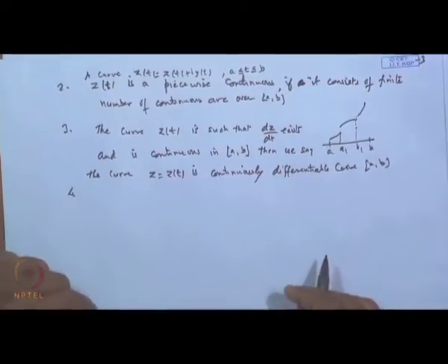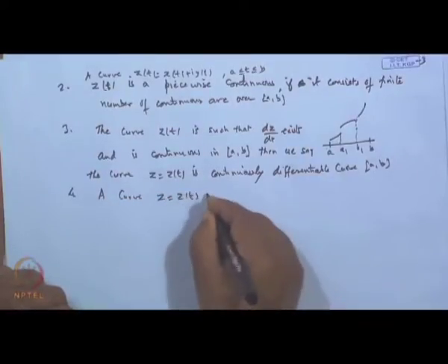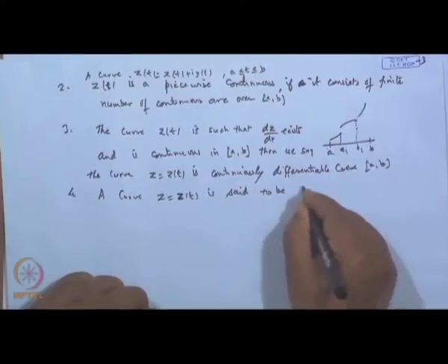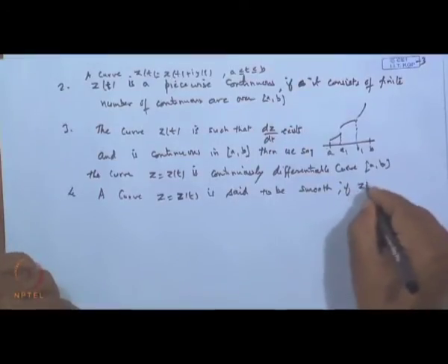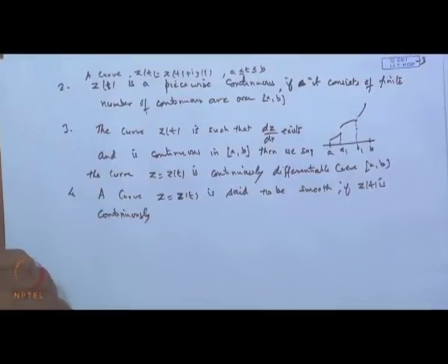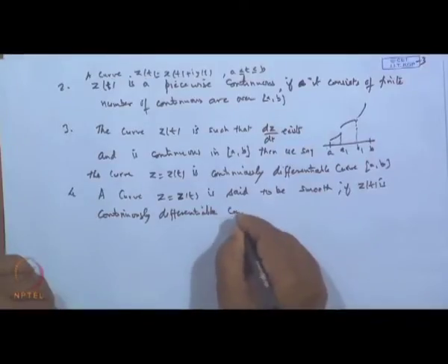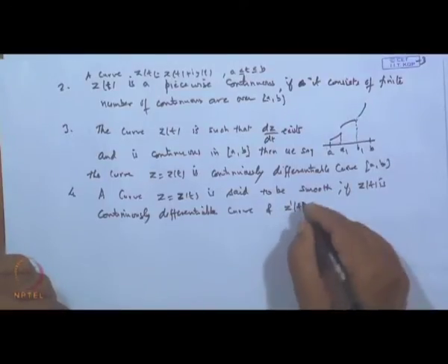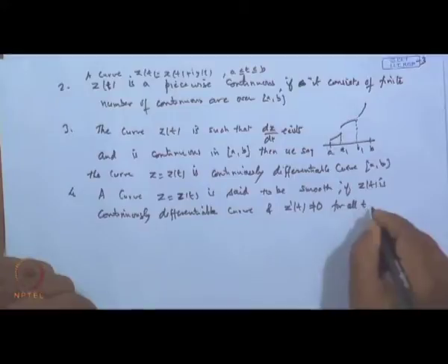Another definition: a curve z equal to z(t) is said to be smooth if z(t) is a continuously differentiable curve and the derivative of z(t) is not equal to 0 for all t lying between a and b.